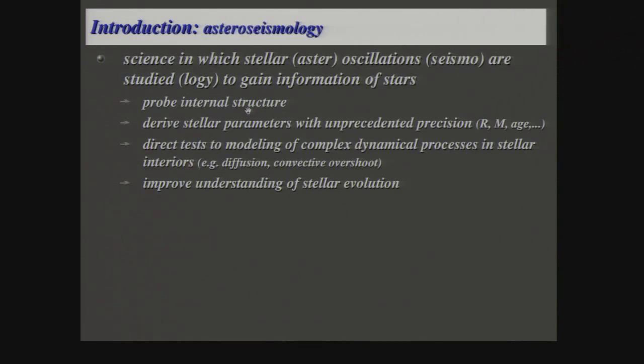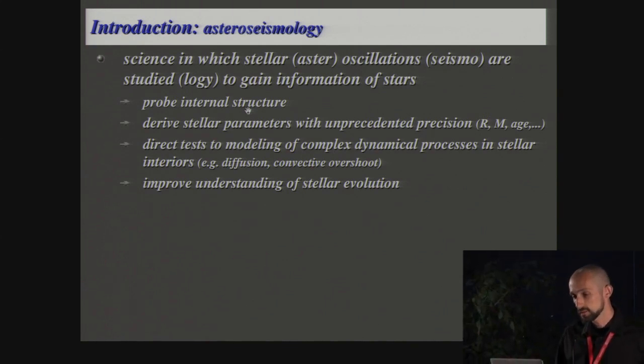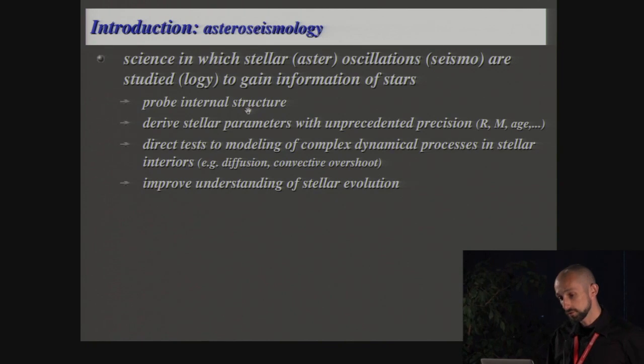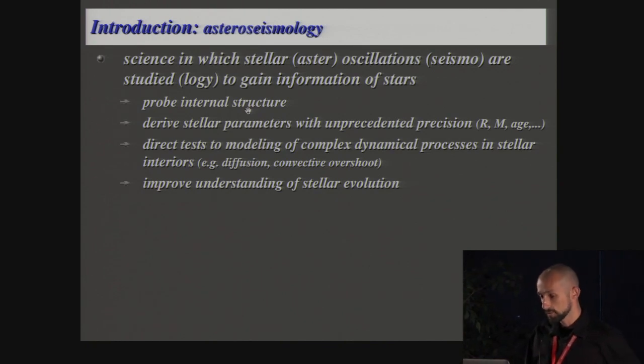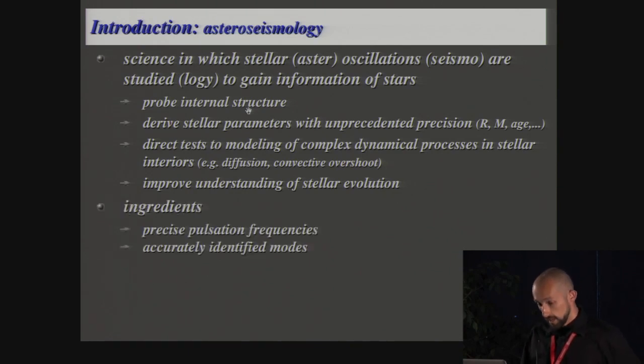So as you know, asteroseismology is a science in which we use stellar oscillations to study the stars. We want to probe the internal structure, derive accurate stellar parameters, have direct tests of the modeling of complex dynamical processes, and in the end, we want to improve our knowledge of stellar evolution. So what do we need for this type of study?